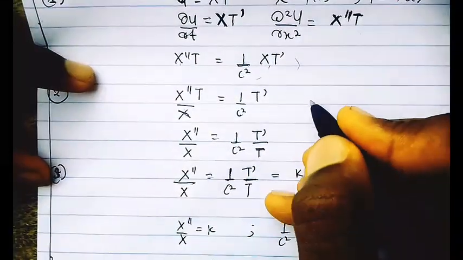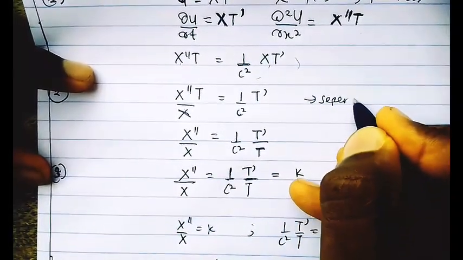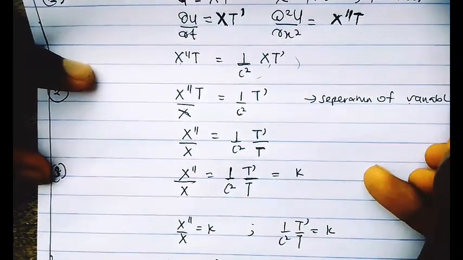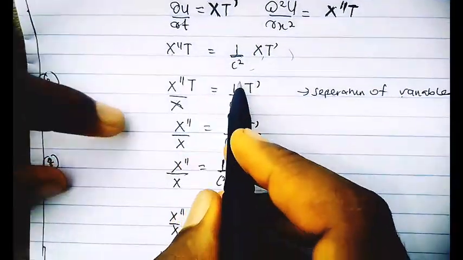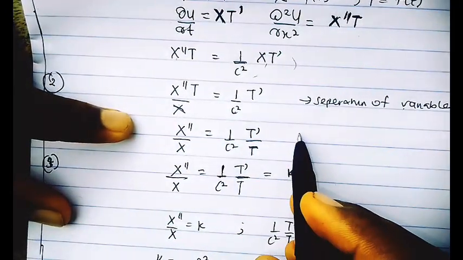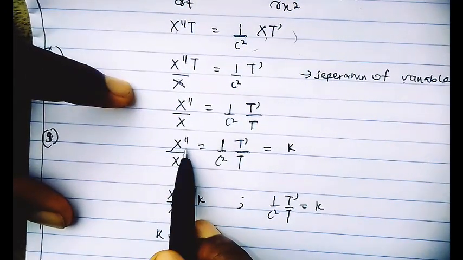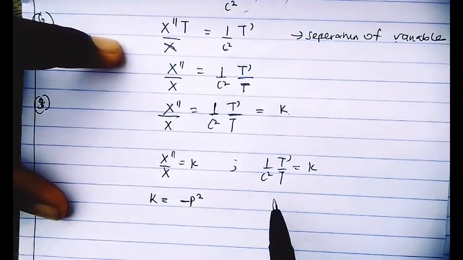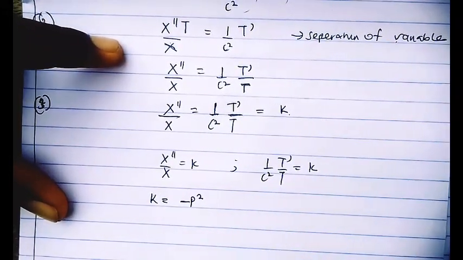Now my second step was applying separation of variables. I took the one for x to x and the one for t to t. So I equated the constant k, and k I'm equating to another constant, minus p squared.